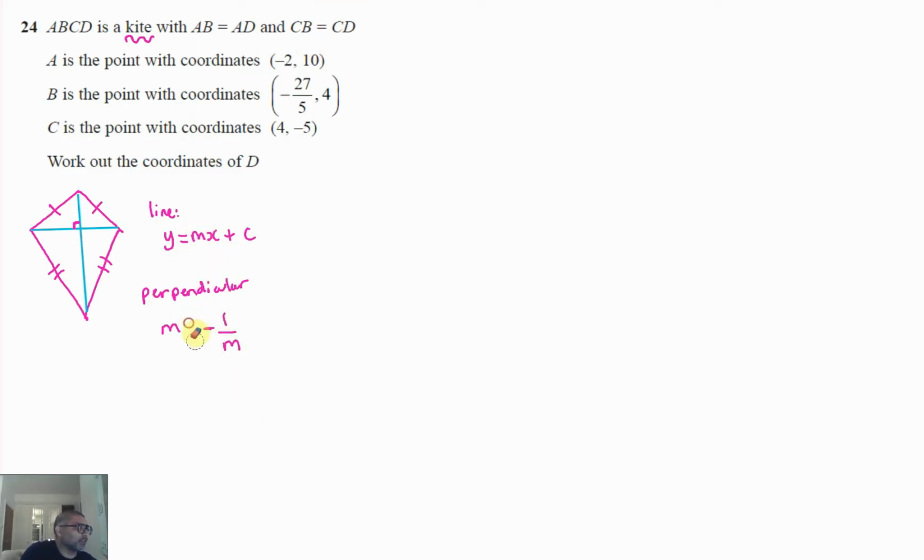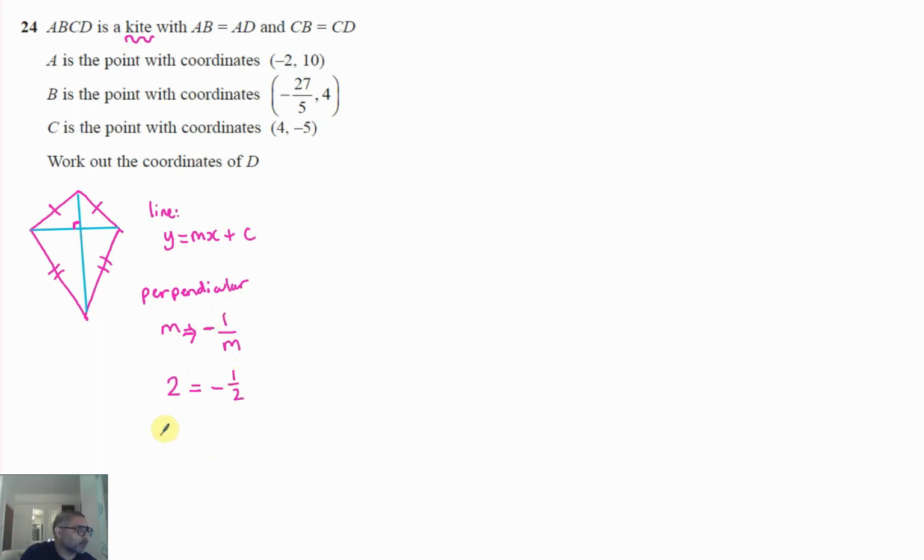And notice I don't put equals, I put goes to, so your gradient goes to minus 1 over m. It's not the same as 1 over m, it's minus 1 over m. So for example, if your gradient was 2, your new gradient would be minus a half.